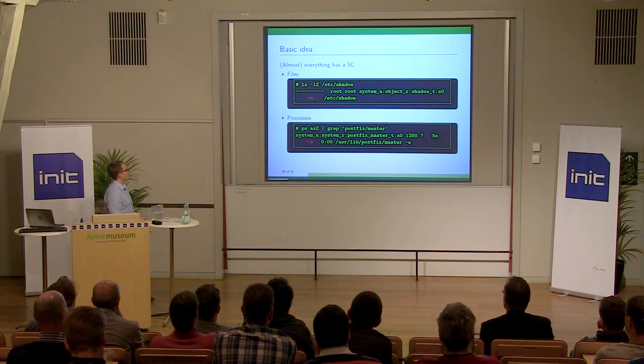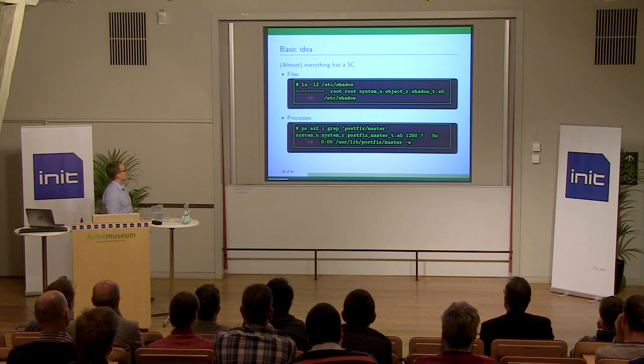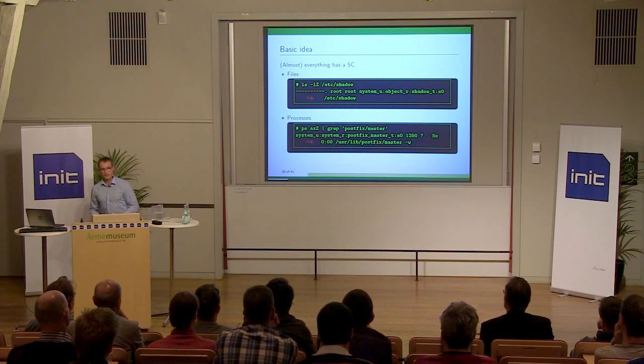But not only files, also processes have a certain type. So if you list a process and specify a capital Z, you will see that the postfix master binary runs in postfix_master_t. I won't pronounce the suffix t all the time for the types because this can become annoying for me and probably for you.